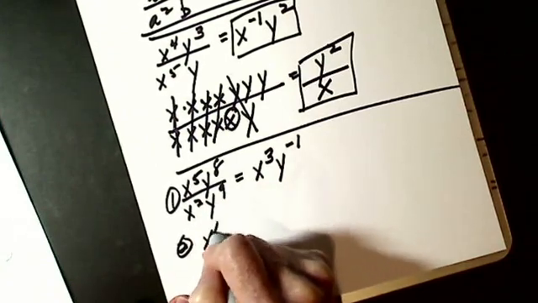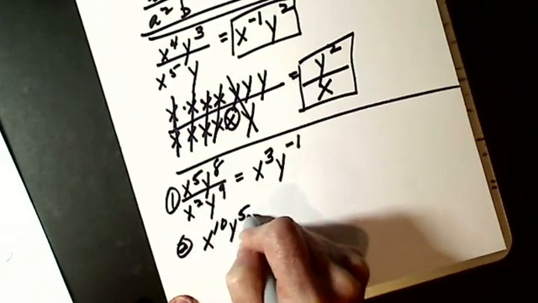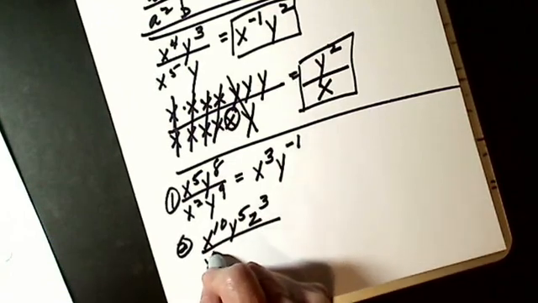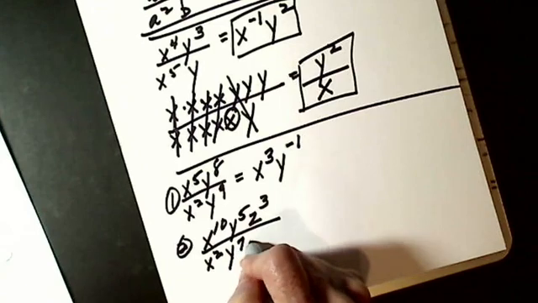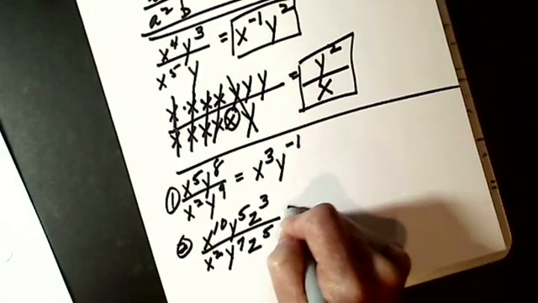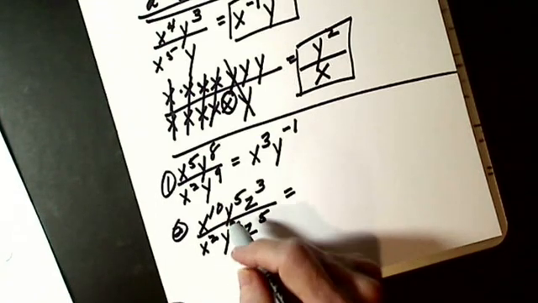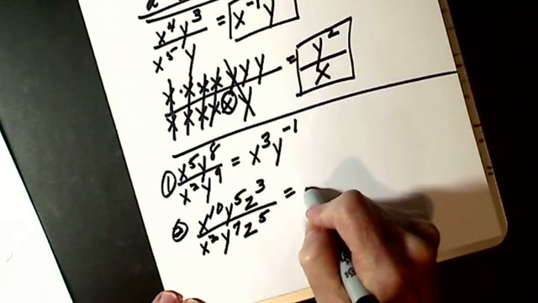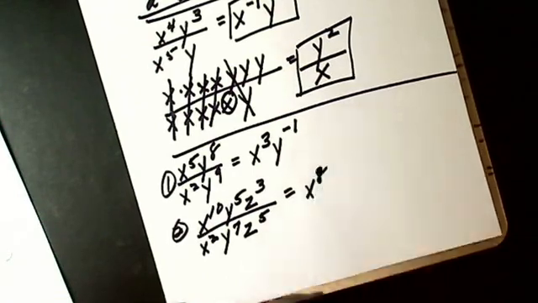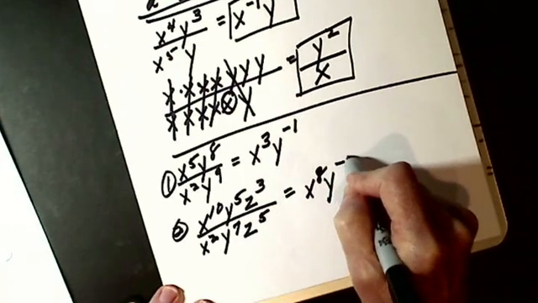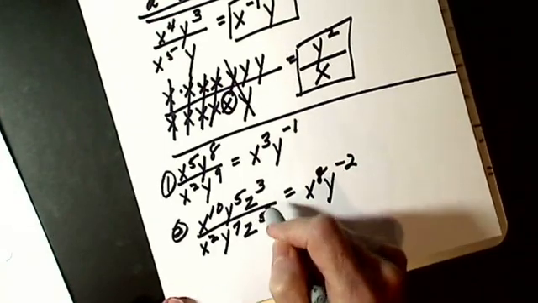Another one. Let's say I have x to the 10th, y to the 5th, z to the 3rd, divided by x squared, y to the 7th, z to the 5th. I could subtract my exponents, numerator minus denominator. 10 minus 2 is going to give me x to the positive 8. 5 minus 7 gives me y to the minus 2.